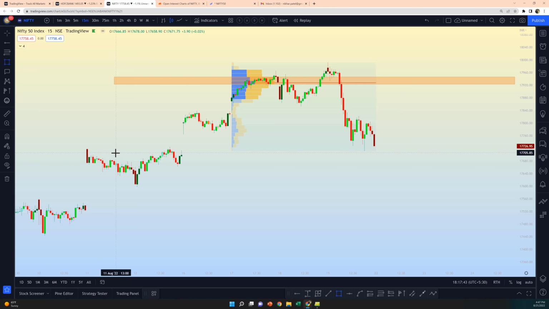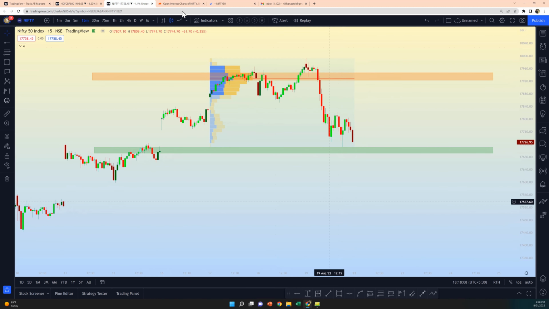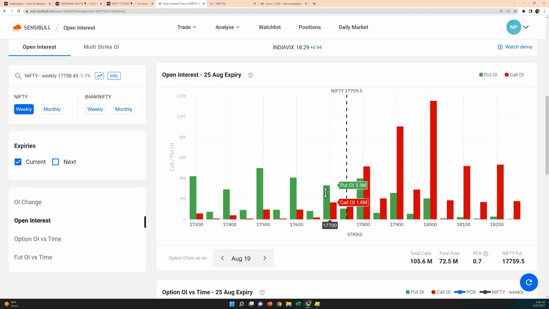So we'll take, let's say, 10 points above for Nifty, which is 17,710, and 17,690, so 10 points below. So this is how we mark our first support level of Nifty. This is actually not the support level, this is the level wherein you have to observe the price action and then act. The next support which shows here is 17,600 and then 17,500.